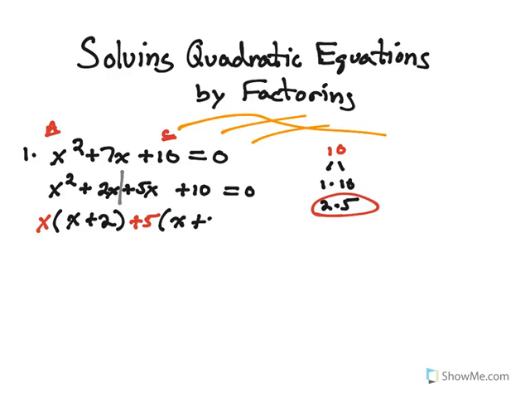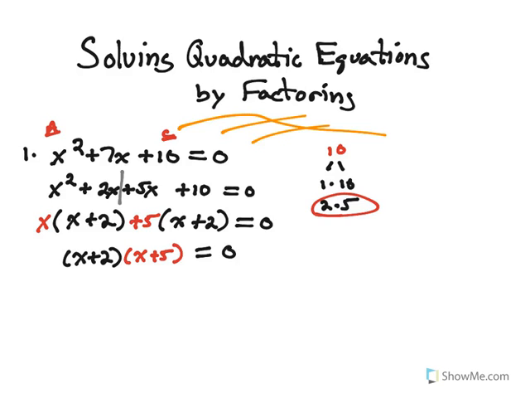Then we're just left with x plus 2. You notice that the x plus 2 is identical, so that's going to be one of my factors. That's actually my GCF of the trinomial. And then the x plus 5, we're just going to write that in its own parentheses. And don't forget this is still equaling 0.